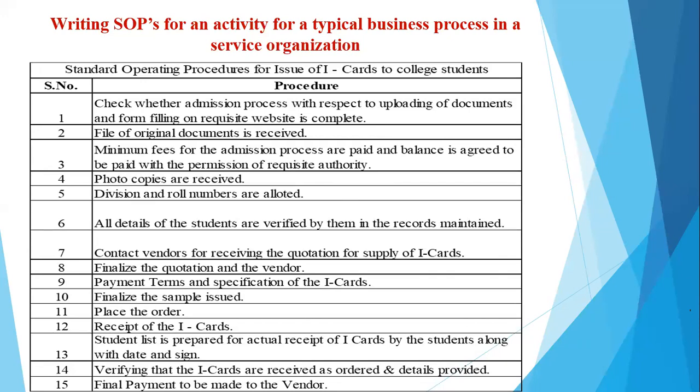In case there are any changes, the vendor has to be informed of the changes that are required. If no changes are there, you will be making the final payment to the vendor who has issued the I-card. In case there are changes, you will ask the vendor to make the requisite changes, and after they are done, that's where you will be making the payment.